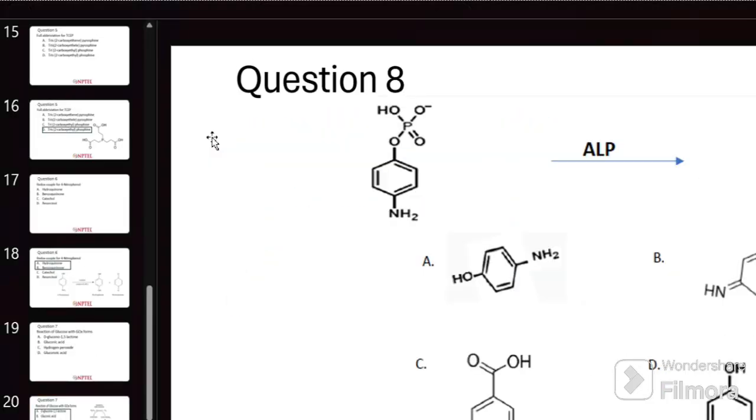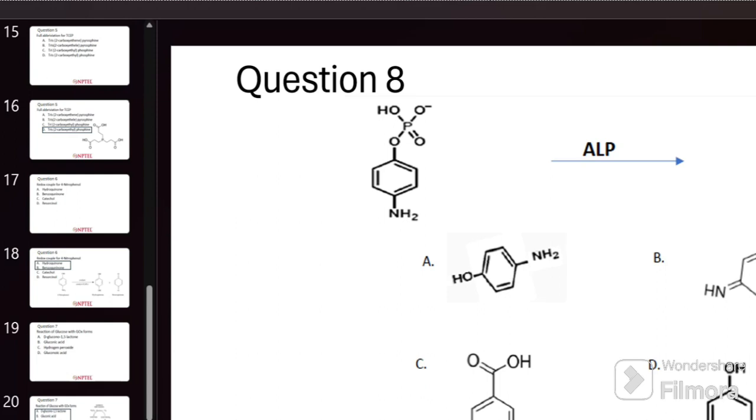Okay, moving to question 8. The compound here, in the presence of ALP, is producing two products, and we have to identify the two products.